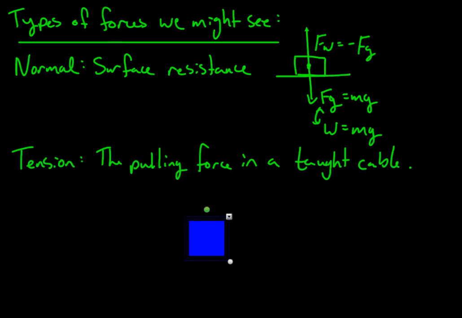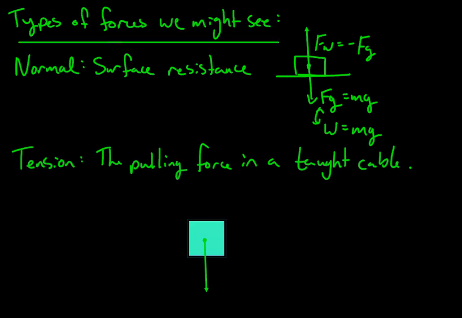Okay, sweet. So instead of having that sitting on a surface, what we have instead is it hanging from a rope. We will still have our force of gravity aiming down. But if we put a rope up here, what does a rope look like?